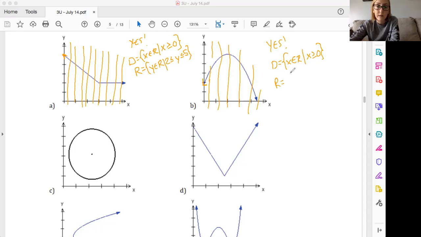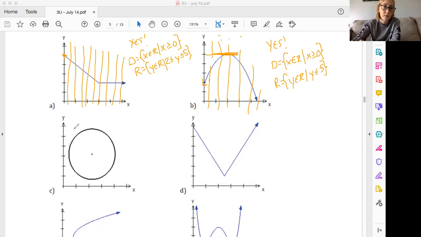And then our range, it's anything that's lower than this point. There's no graph up here. So that would be 1, 2, 3, 4, 5. So anything smaller than 5. y is smaller or equal to 5.